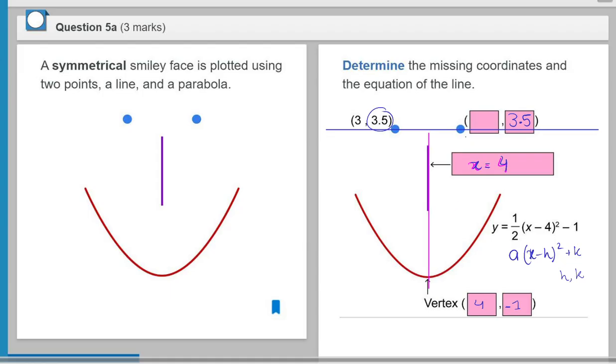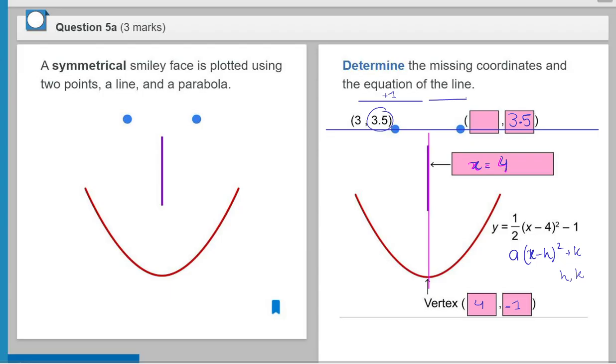Look, about this point, what we can see here in front of us is that the difference between these two coordinates is +1. So the difference between these two coordinates is also supposed to be +1, right? Isn't it?